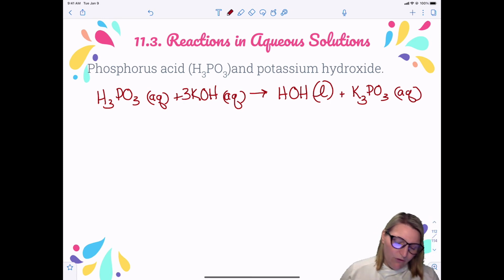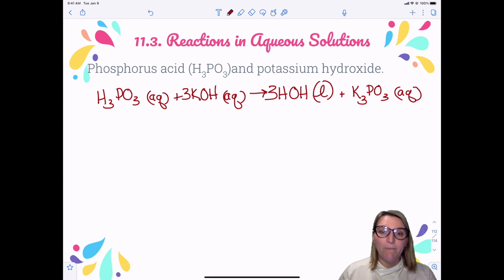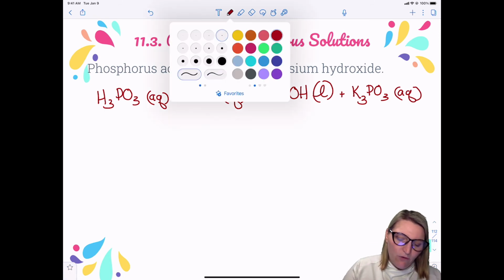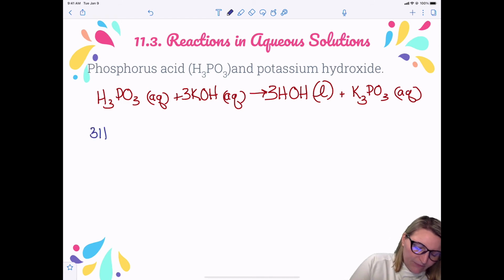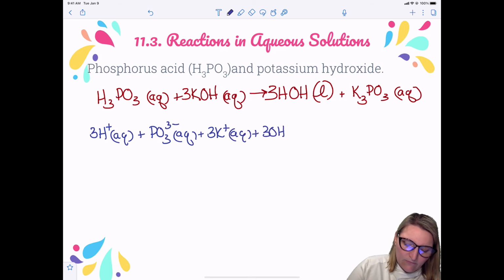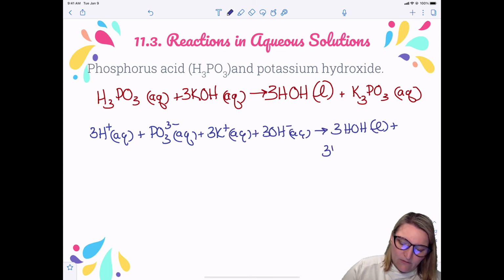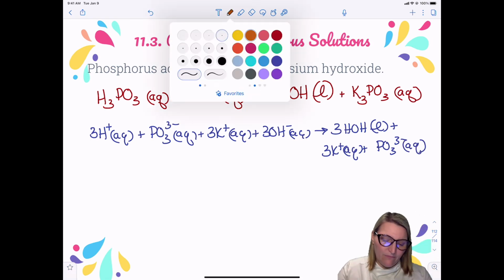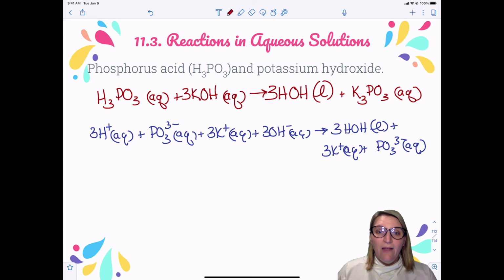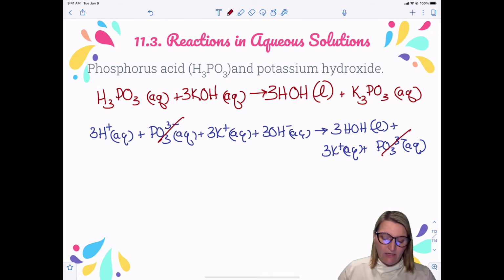To balance it, I would put a 3 there and a 3 there. Now it's balanced. If we go through and write the complete ionic and the net ionic, after I get that written down, I can notice that the phosphite ion is a spectator ion, and the potassium ion is also a spectator ion.